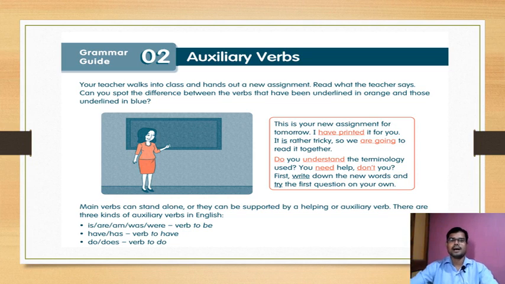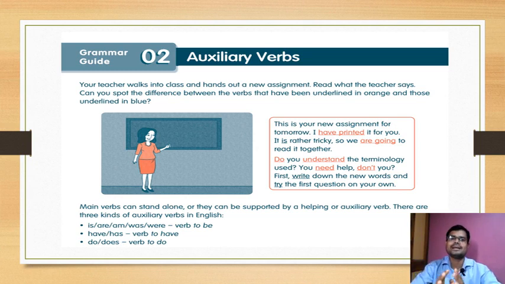So there are three types of verbs. As you can see here, is, are, am, was, were. These are verb to be forms. The second form is have, has, the verb to have form. And the last one is do, does. These are verb to do forms.